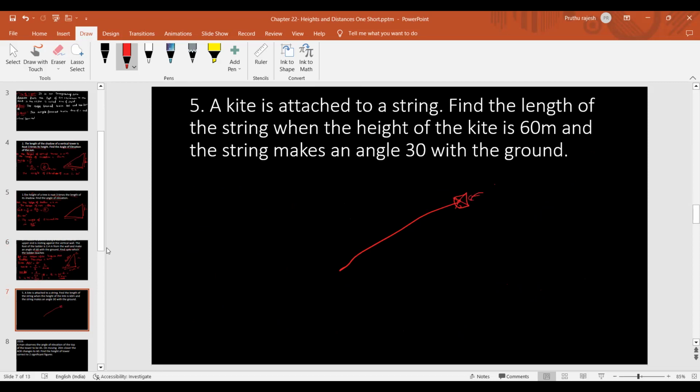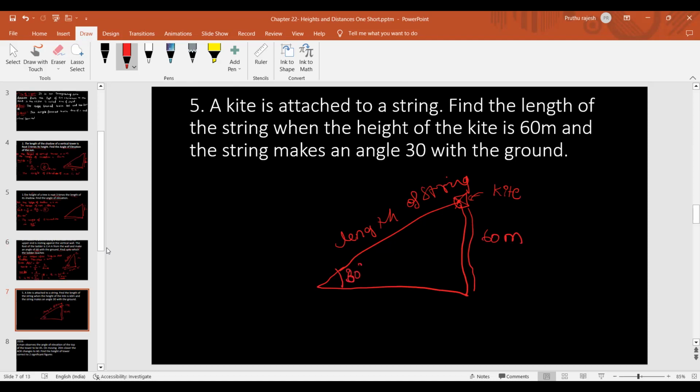You have to figure out the length of the string, your rope, when the height of the kite is around 60 meters, and it makes an angle of elevation of 30 degrees with the ground.